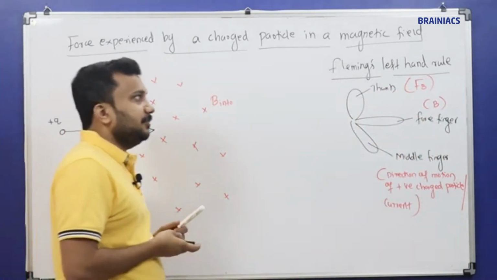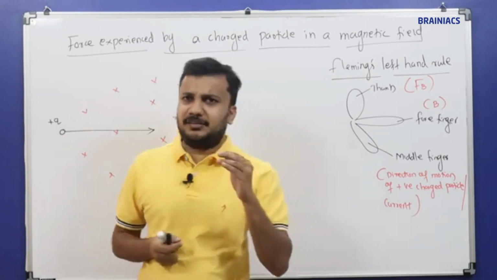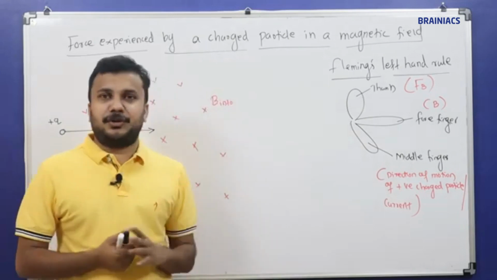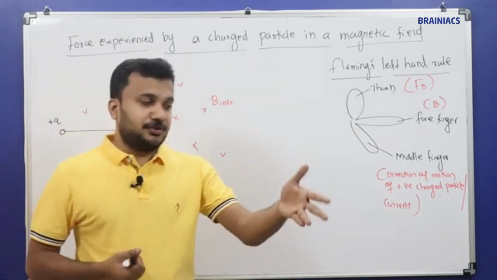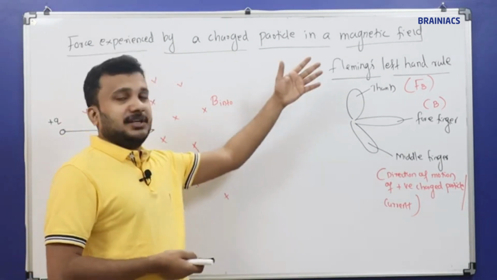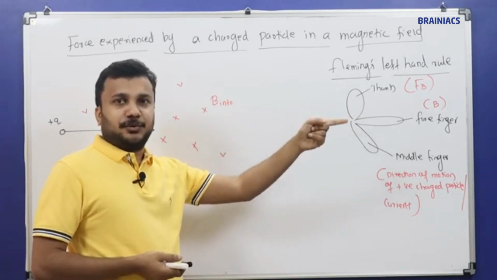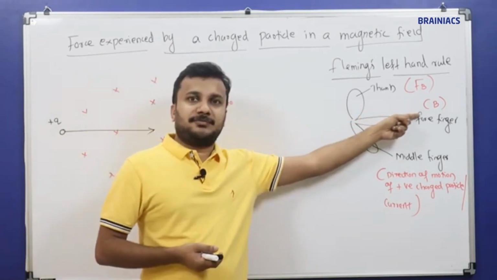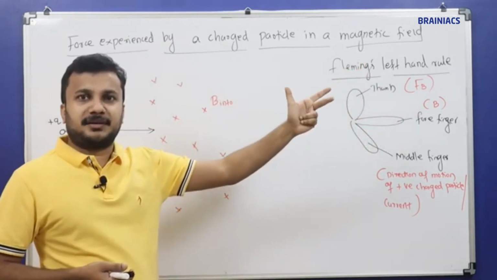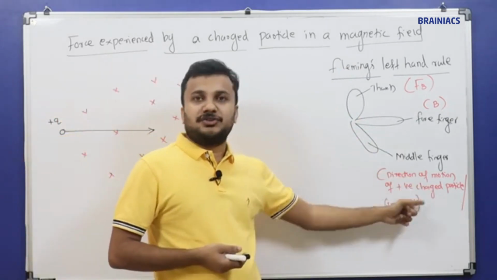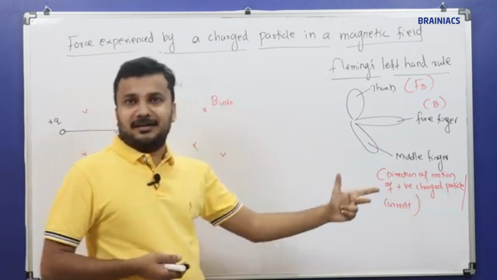So this is called Fleming's left hand rule. It's a very simple way. We don't want to learn it from a definition point of view, but of course, if you remember the concept, you can derive the definition. Fleming's left hand rule states that the forefinger represents the direction of magnetic field, and the middle finger represents the direction of positive charged particles or current.